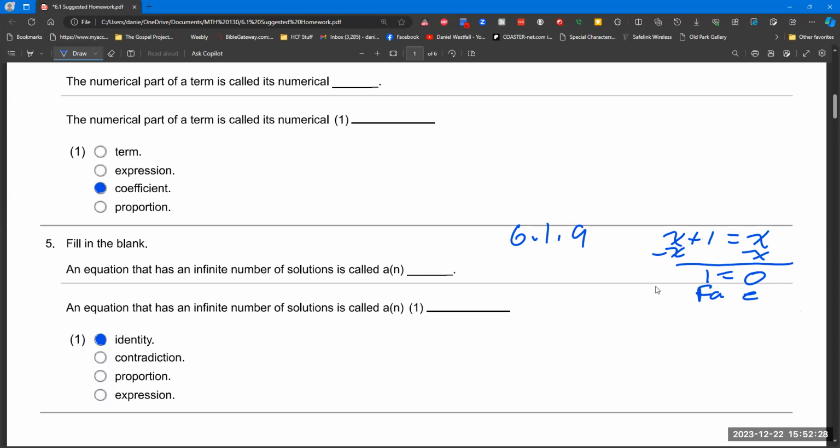But if I had something like this, and I would simplify that, subtracting and getting the x's on the same side, this is always true.